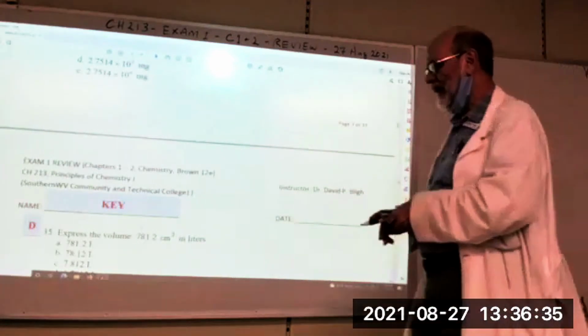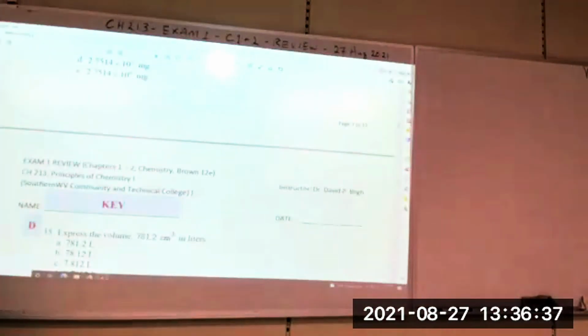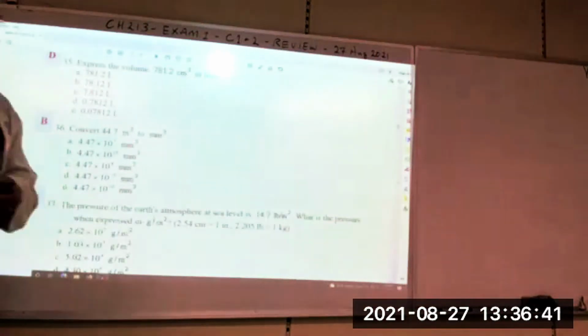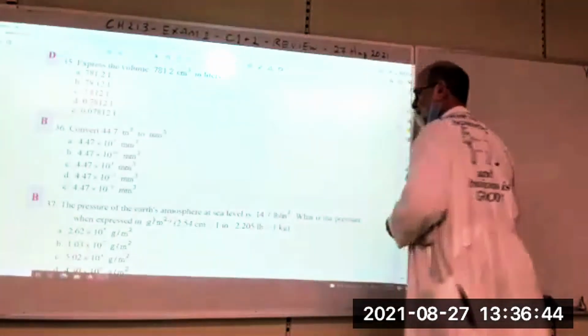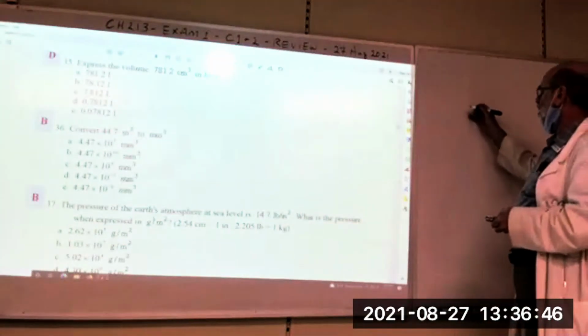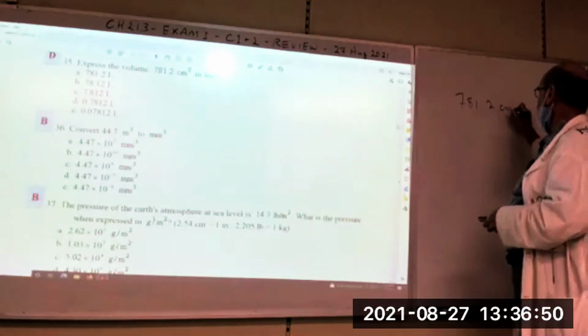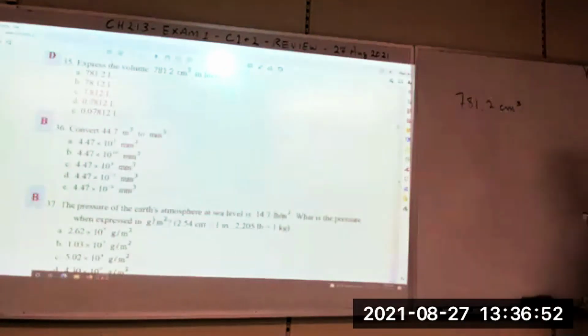How about 35? Express this volume in liters. So if you have 781.2 cubic centimeters, we might want to make liters out of it. Cubic centimeters and liters are kind of second cousins.